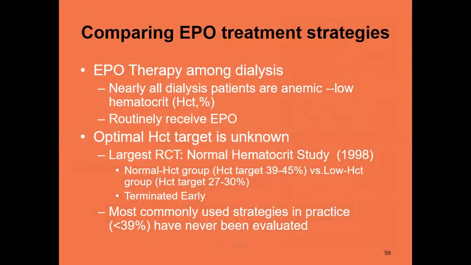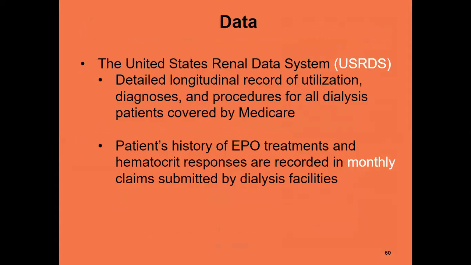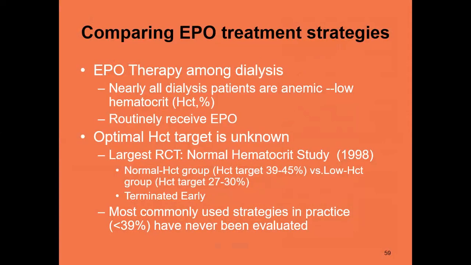A little background. In the case studies that we're going to go over today, we're comparing EPO treatment strategies. EPO therapy is received routinely by dialysis patients to correct their anemia. Nearly all dialysis patients are anemic, meaning they have low hematocrit values. Until today, the optimal hematocrit target is unknown.